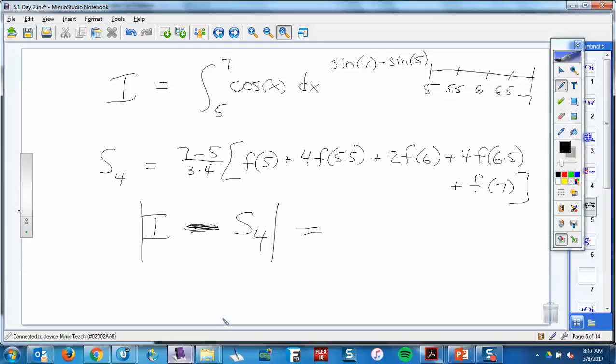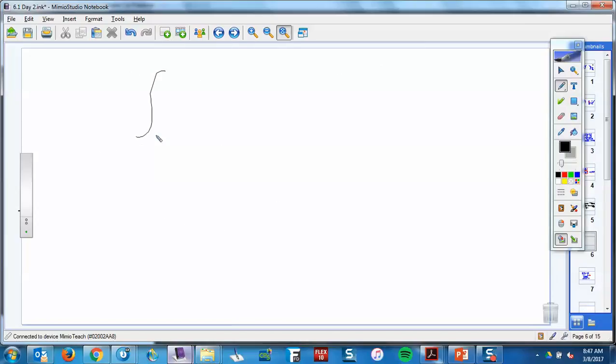$51 for sure. Okay. What about number 3? The integral 0 to 1 of sine of x squared dx. Why is it true that L7 is less than or equal to I is less than or equal to R4?